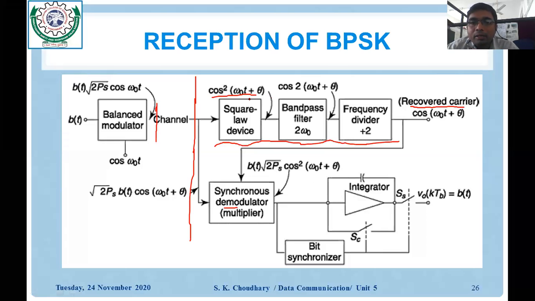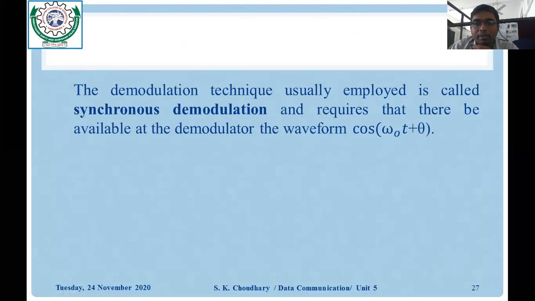This gives double the fundamental frequency, twice omega naught. When you resolve this equation, it becomes cos(2 omega naught t plus 2 theta). It is passed through a band pass filter tuned to 2 omega naught, which allows only this frequency component to pass, and the DC component is discarded. Further, it is passed through the frequency divider to obtain the baseband frequency. We will see this through the mathematical equations.